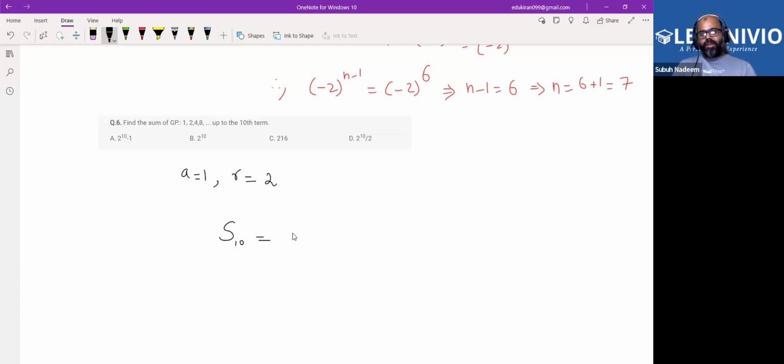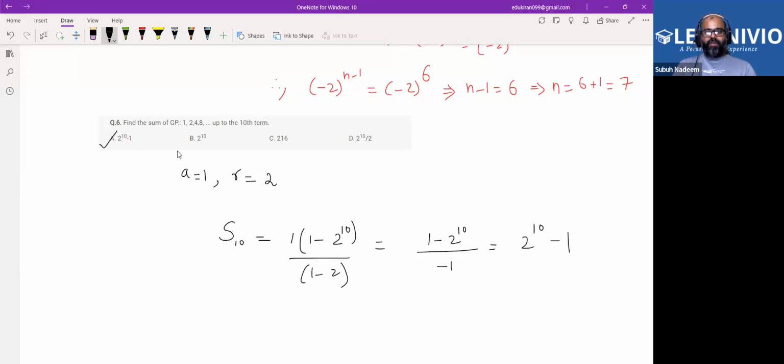Actually it is A, which is 1, times 1 minus R to the power n by 1 minus R. This was the formula. So this will become 1 minus 2 to the power 10 over 1 minus 2, which is minus 1. So if you take minus 1 above, it will be 2 to the power 10 minus 1. So option A will be our answer.